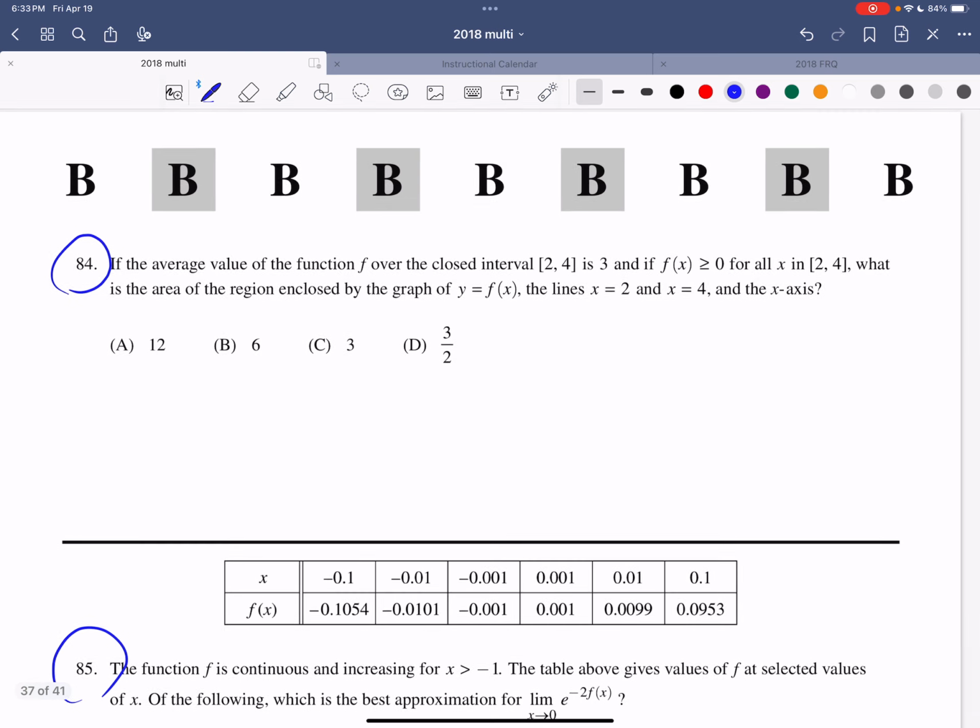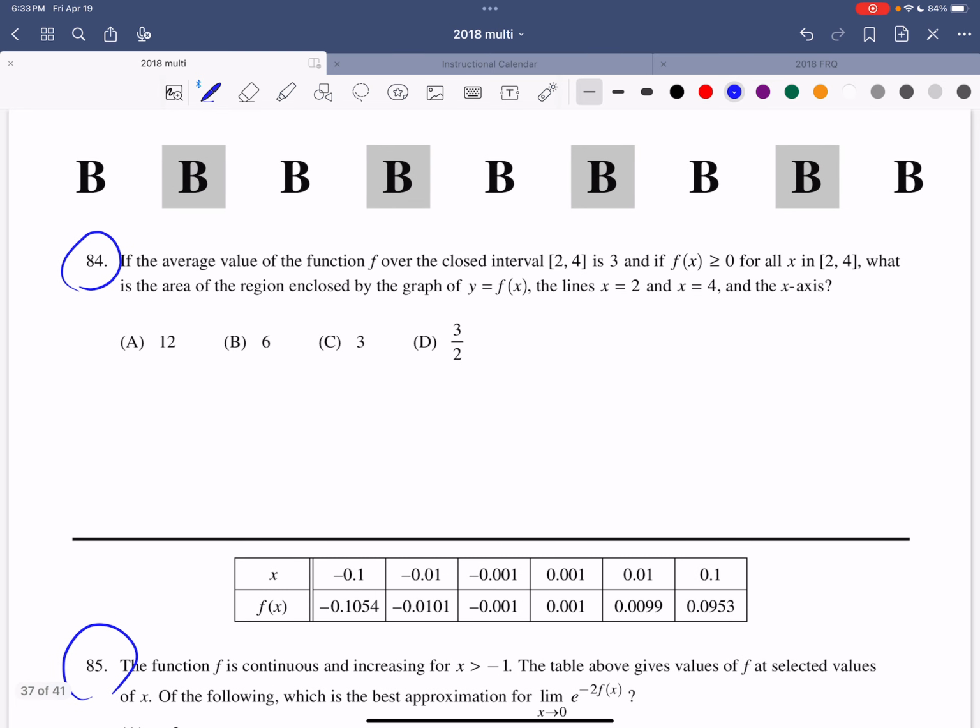So let's do question number 84 here, okay? So, let's graph this one. If the average value, so you remember average value of a function, which means this one, the integral from a to b of f of x dx, is equal to what? 3.